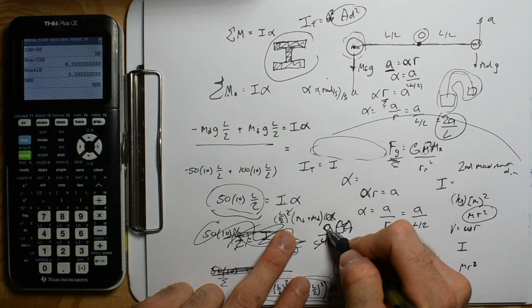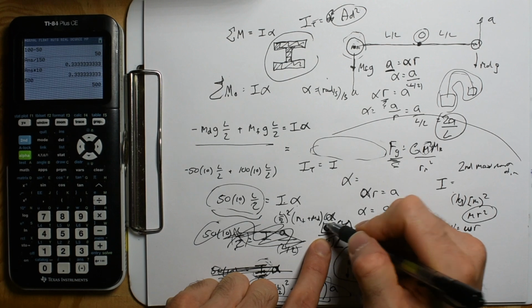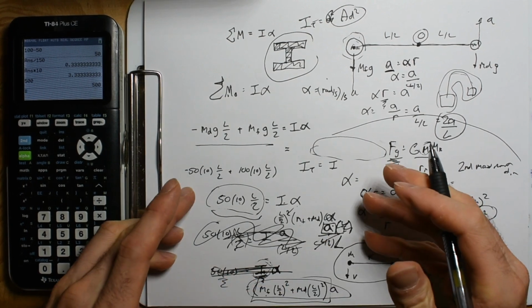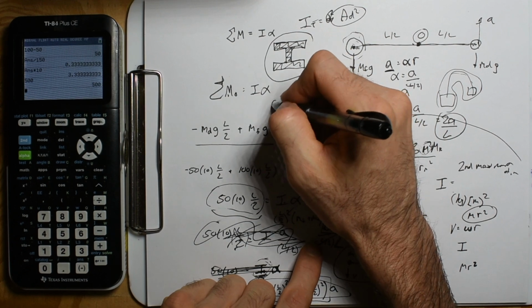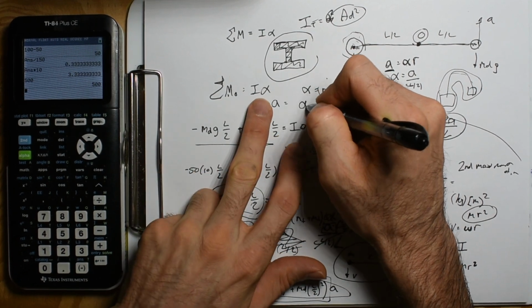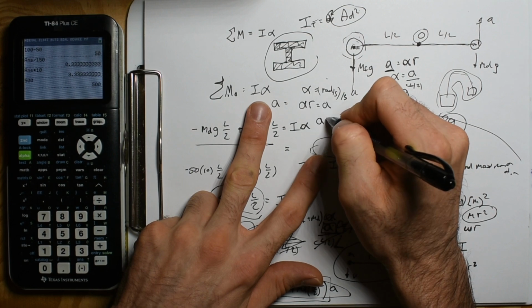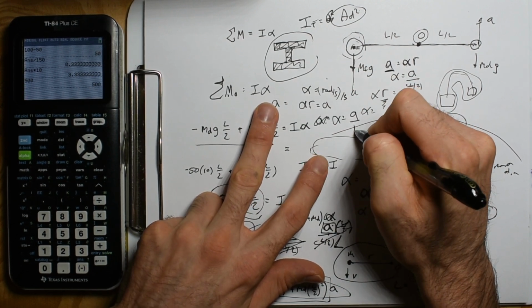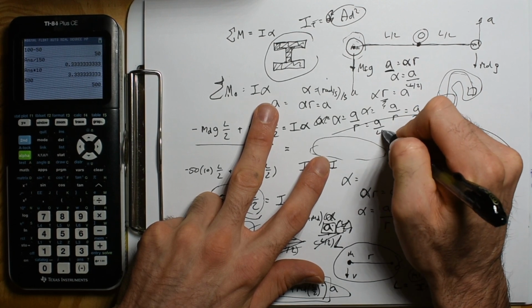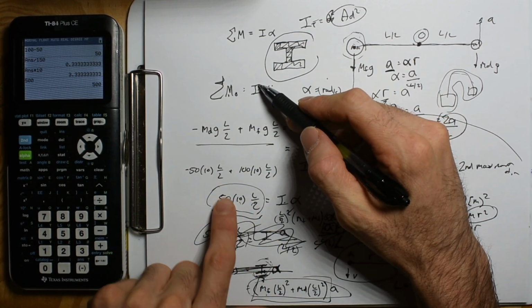Oh, no. We still have one term in here. I apologize, I'm getting all messed up. We still have this term, acceleration, that we were solving for. That was the whole point: using moments equal to I alpha to solve for acceleration, knowing that alpha times radius is acceleration. So alpha is equal to A divided by R, which is A divided by L divided by 2, and I has an L squared term in it.